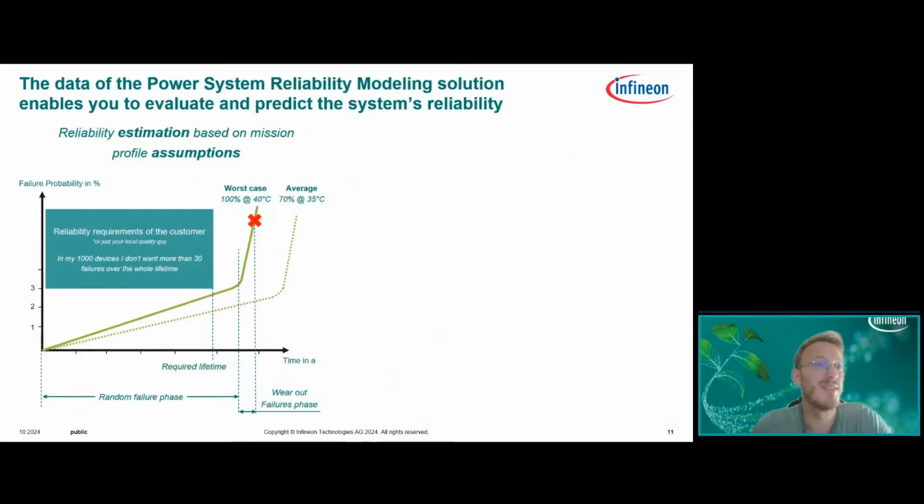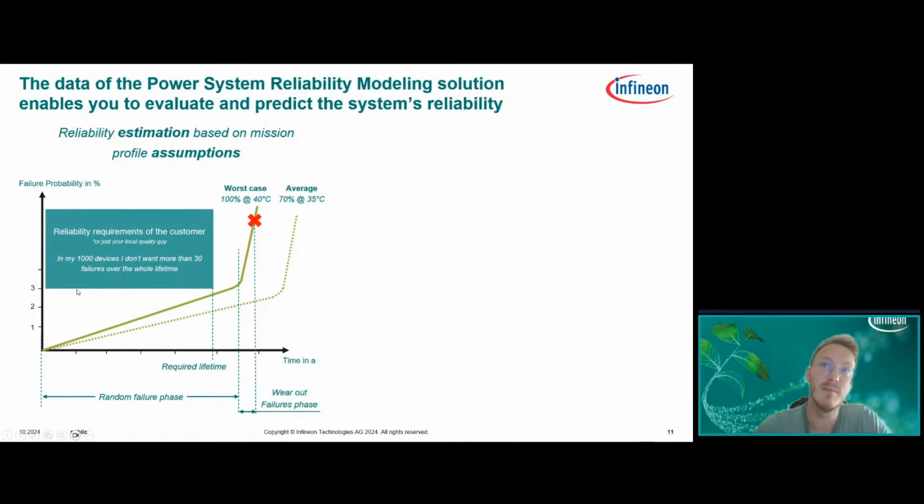But now, what does our solution mean for you if you deploy it in the field? Now assume that a customer has reliability requirements based on their customers. We have the failure probability on the y-axis, and on the x-axis the time in years. Now, the customer essentially says, from 1,000 devices, I don't want more than 30 to fail in 10 years.